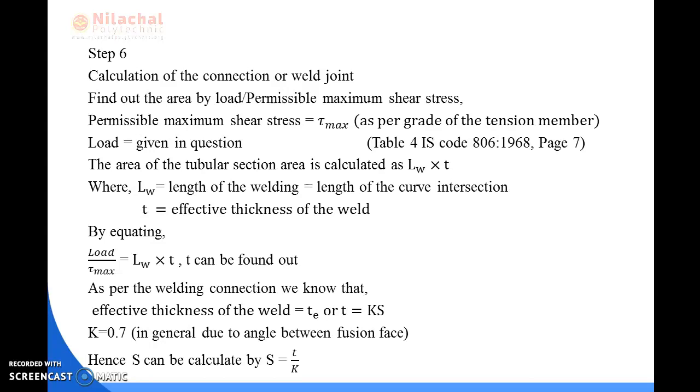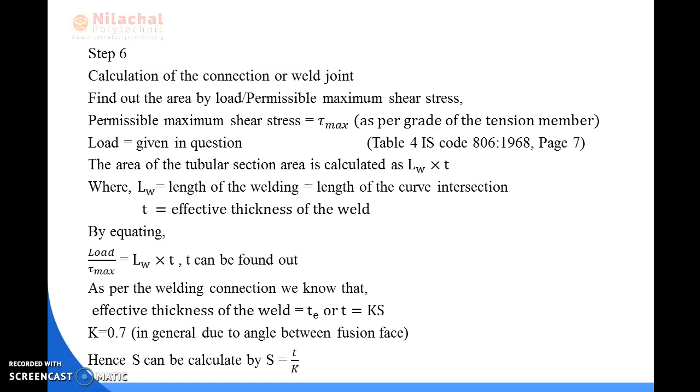The area of the tubular section is calculated as LW into T, where LW is the length of the welding, which is also known as the length of the curve of intersection, and small t is the effective thickness of the weld. So by equating load by tau max equal to LW into small t, here T can be found out.